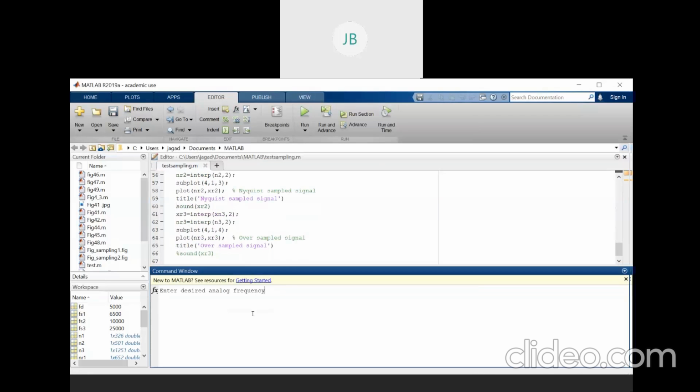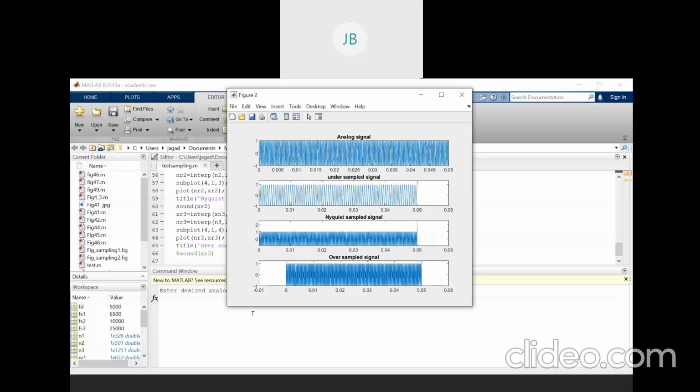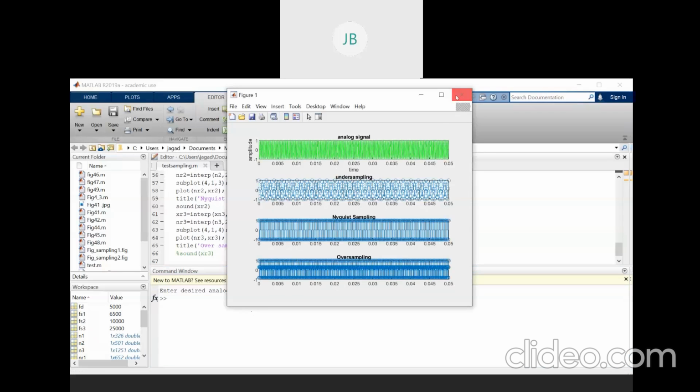I will assign the same frequency 5000, and let's hear how this reconstructed signal sounds. Yes, it's again a beep with a much sharper sound, right? And this is the display.